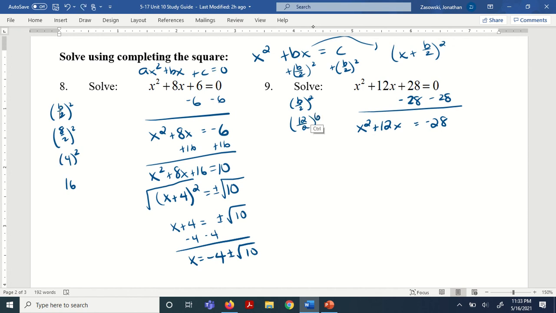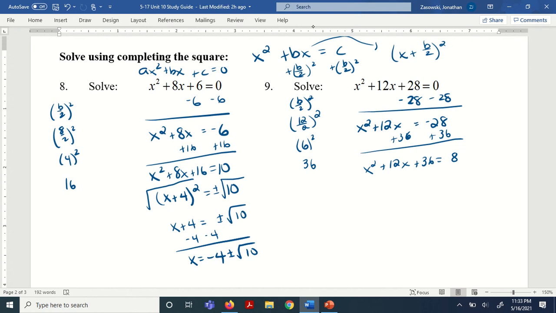Oh, getting ahead of myself there. That's 6 squared. So remember, that number is important, which is 36. So we're going to add 36 to both sides, and we get x squared plus 12x plus 36 is equal to 8.